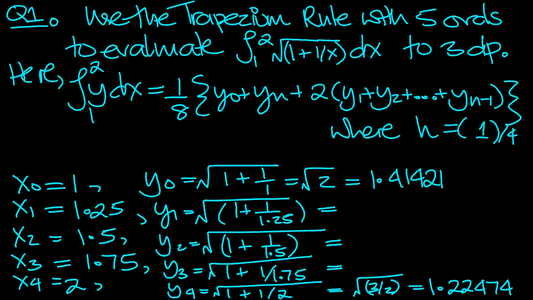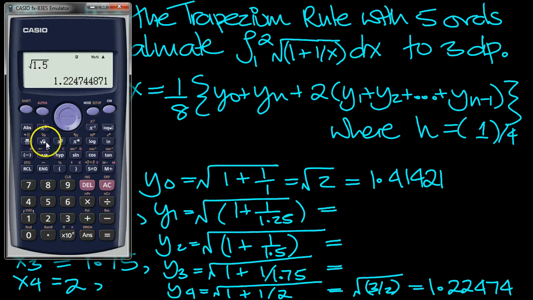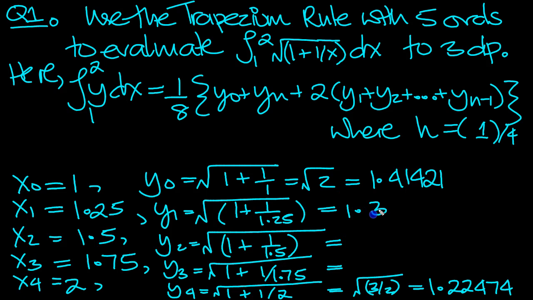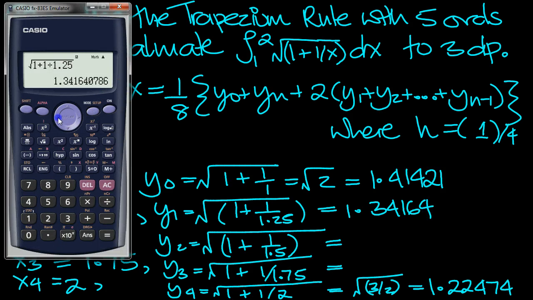So let's use the calculator to get those. It's the square root of 1 plus 1 divided by 1.25 equals 1.34164. Now 1.5. So let's toggle back and change the 1.25 to 1.5.